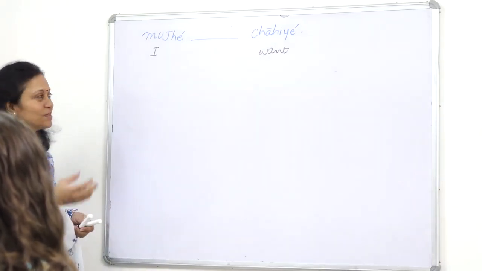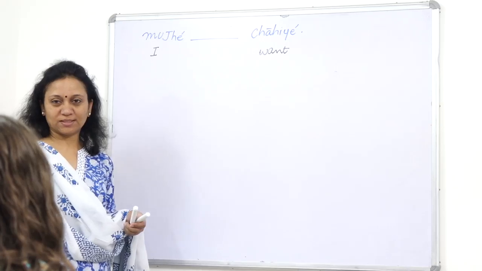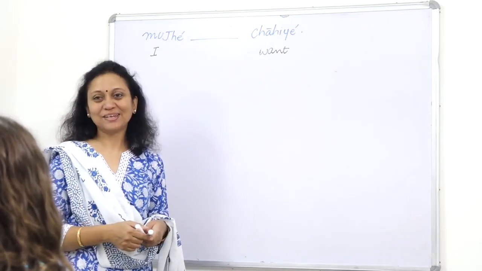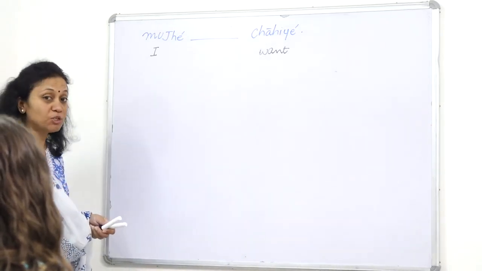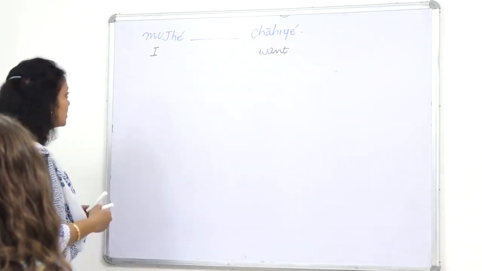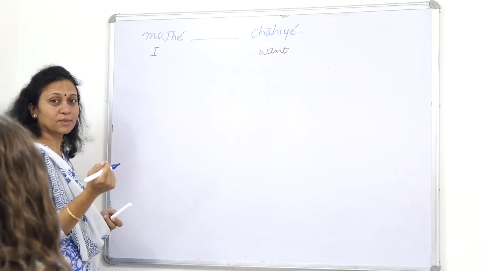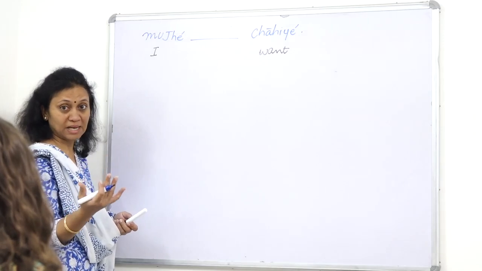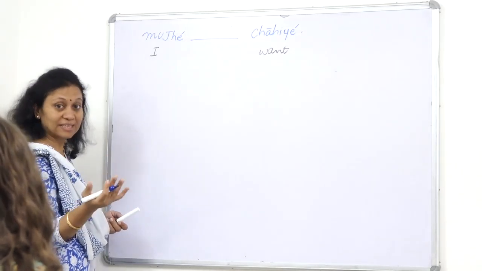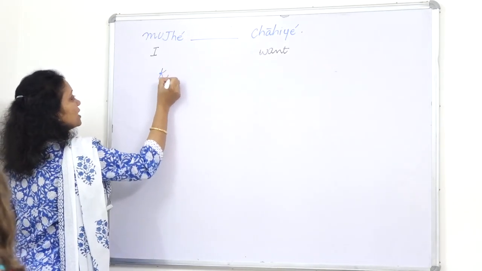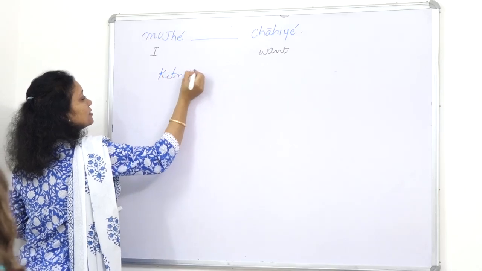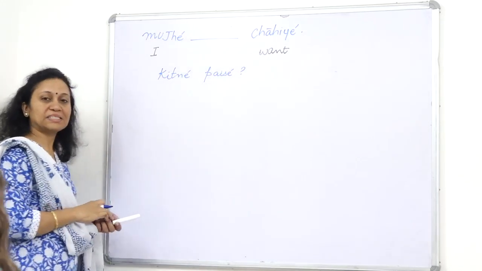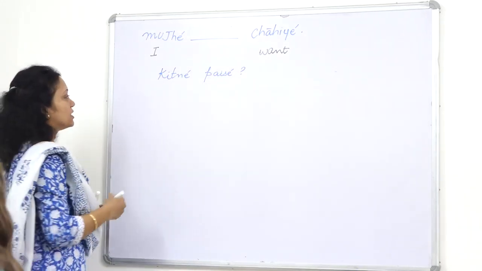Okay? So the person hands over the one tea bag or a pen to you or whatever it is, right? And then you have to ask the person, how much money? So how much is kitna. In this case, because you're saying rupees, money, plural, it's kitne. So you would say, kitne paise? Paise is money.